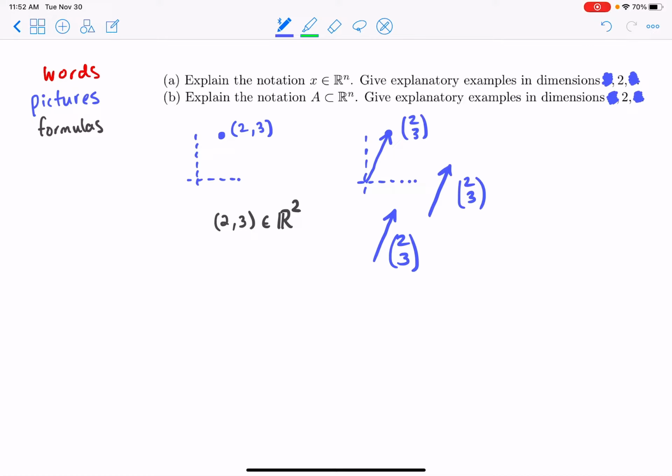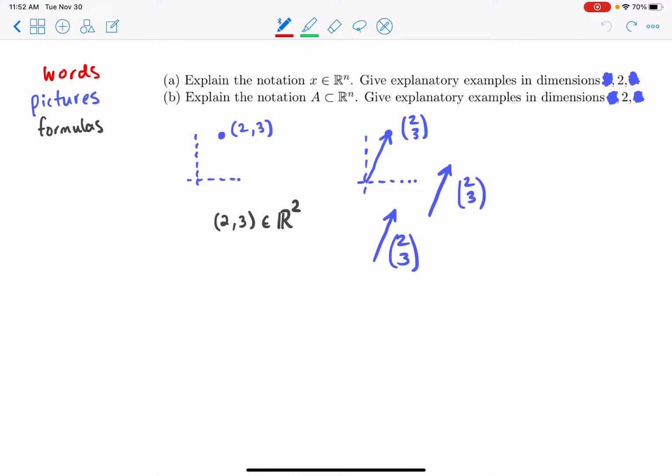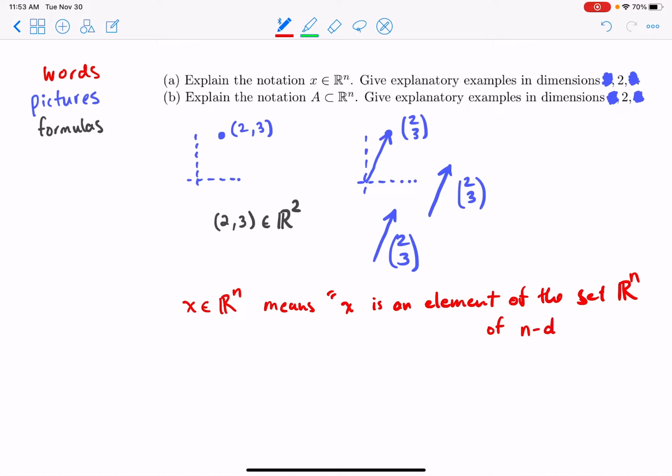Okay, now let me use words. So x in Rn means, what does it mean? It means x is an element of the set called R to the n, or Rn for short, of n-dimensional space, or we could even say of points.